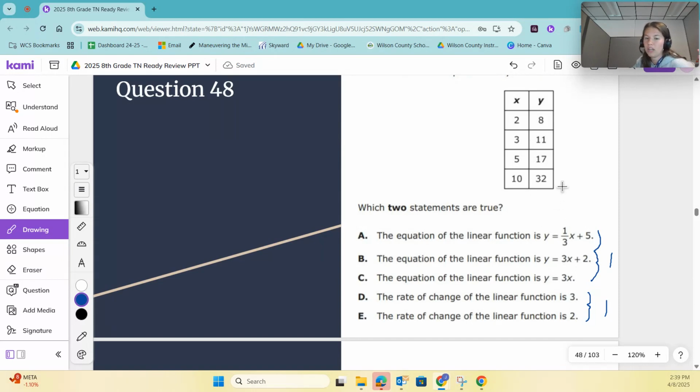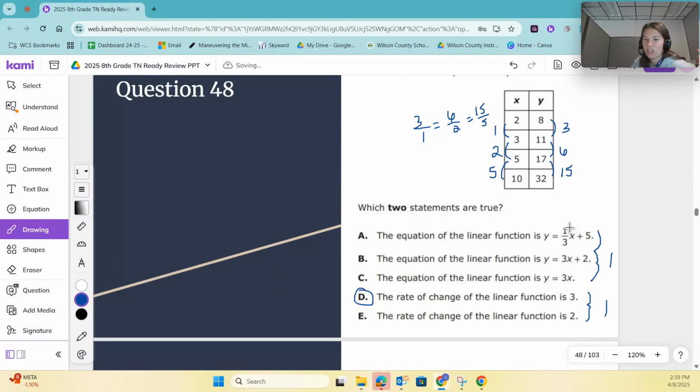All right, then from here, we'll find that rate of change. 8 to 11 is 3, 2 to 3 is 1, 11 to 17 is 6, 3 to 5 is 2. So my rate of change here is going to go up by 3 over 1, or 6 over 2, or 15 over 5. Those are all equivalent, which would be your rate of change. 3 over 1 is 3, so D is the correct answer.